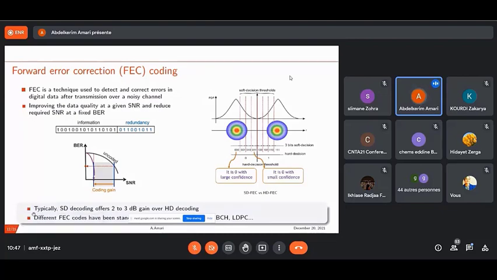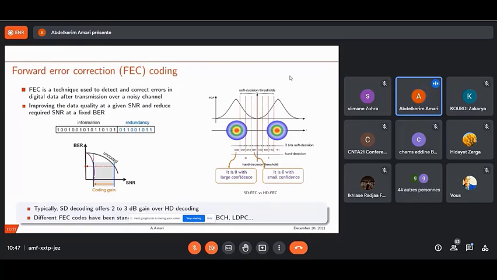Different FEC codes have been standardized over the years for optical systems. For example, for next generation 400G base, a Reed Solomon code is used with hard decision.